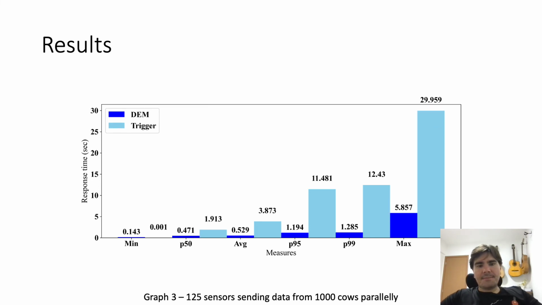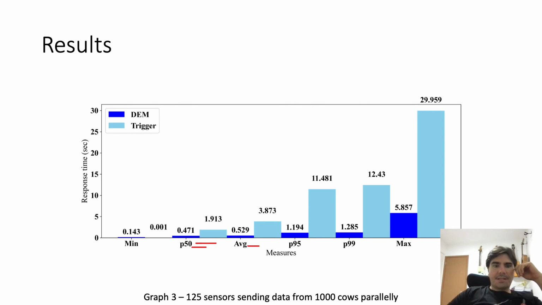And lastly, we have here the graph 3, 125 sensors sending data from 1,000 calls parallelly. As we can see here, again, the data extraction magnet, for example in P50, can reach 0.5471 seconds, whereas the same measure of the trigger technique is 1.913 seconds.